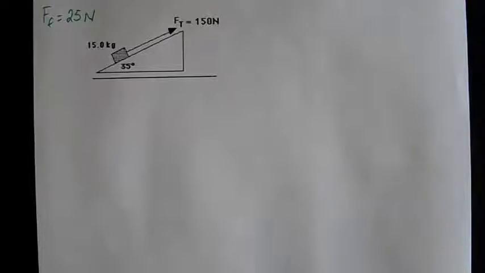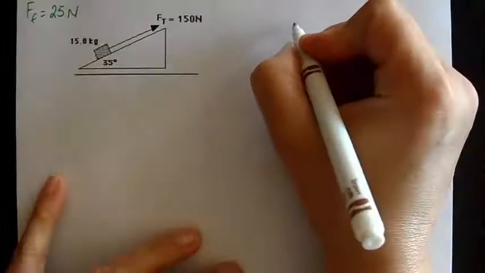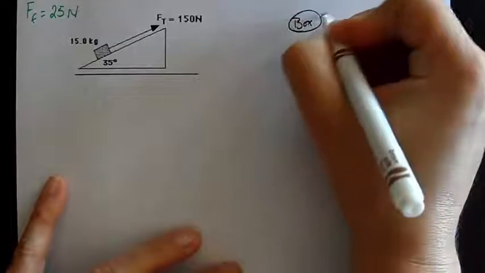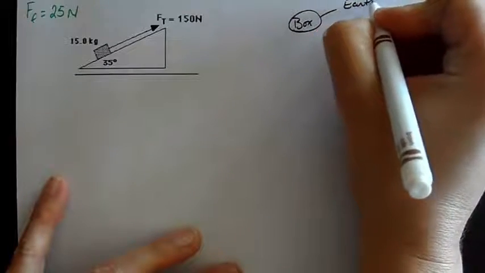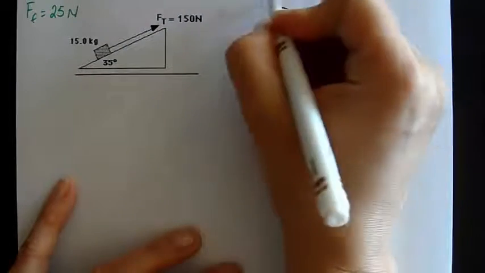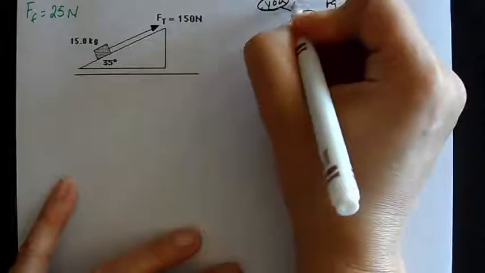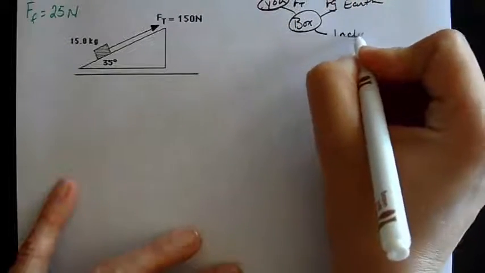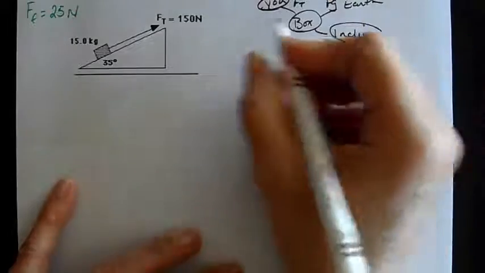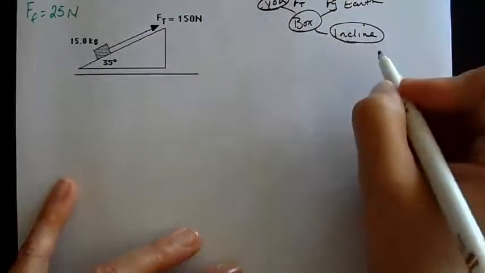We can come back to our forces. Okay, so here's our box. We've got Earth over here with our gravity. We have you supplying some tension force. Then we have our incline, and our incline is providing two forces here.